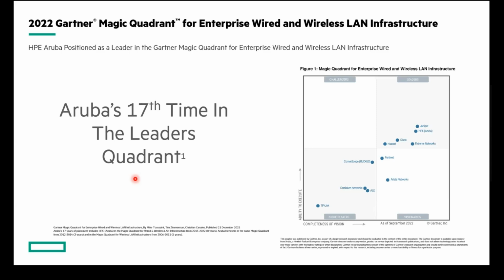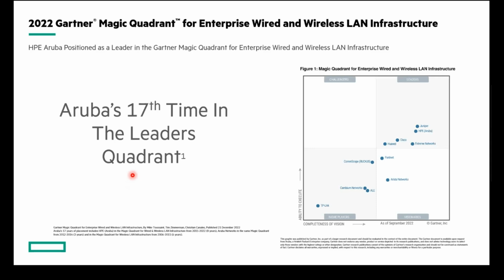Our recognition in the industry and our success in the enterprise market is owed in no small part to partners like yourselves. Here we've been recognized for the 17th time in the Leaders Quadrant. Let me move more into the CX 6200 series itself.